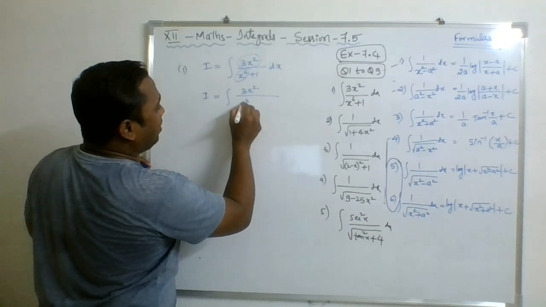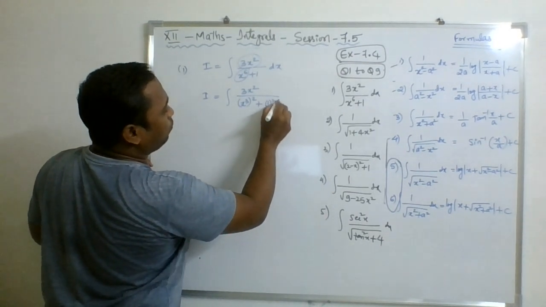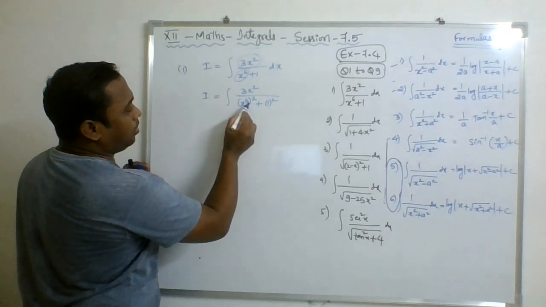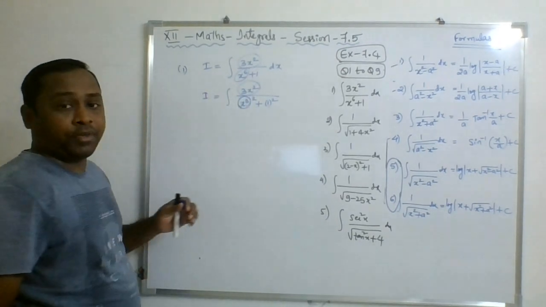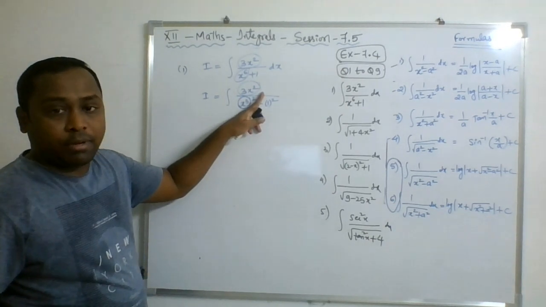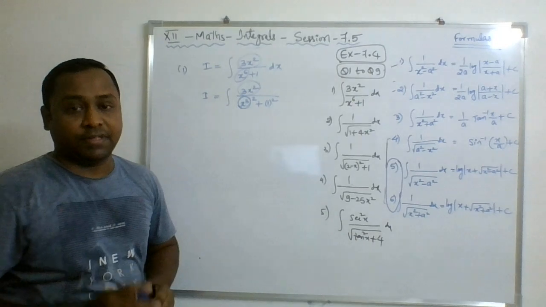I can write this as x cube the whole square, and 1 can be written as 1 square. So if you observe, the derivative of x cube is 3x square. Hence, since the derivative of this function is available, we can definitely go with the substitution technique first.